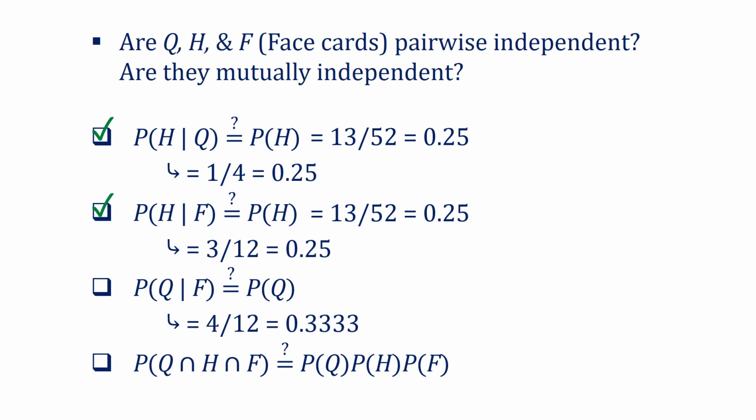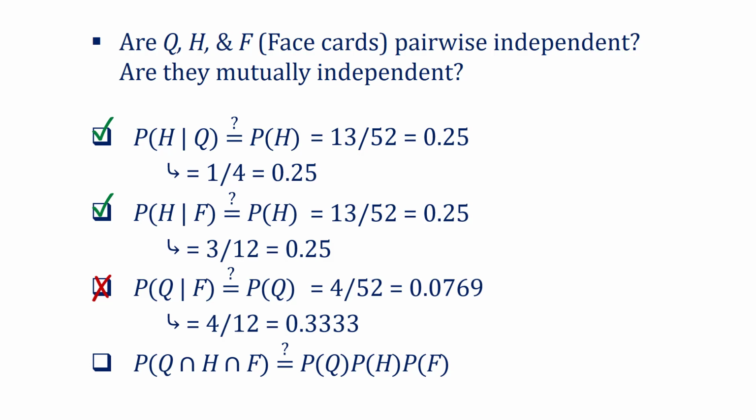Well, there are 52 cards in the deck, and 4 of them are queens. That's 0.0769. Those probabilities are not the same. If I know that I drew a face card, that really narrows it down, and it increases dramatically the chance that it's a queen. So those two probabilities are not equal to each other, so queens and face cards are not independent.